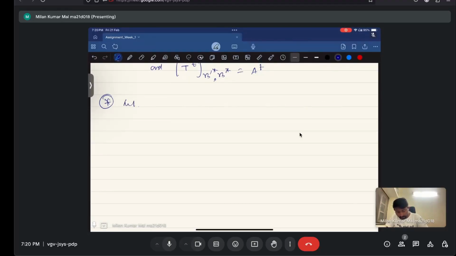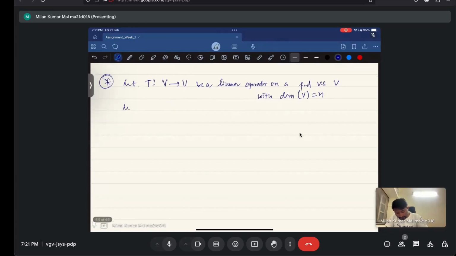Let T from V to V be a linear operator on a finite dimensional vector space V with dimension of V equal to n, right?